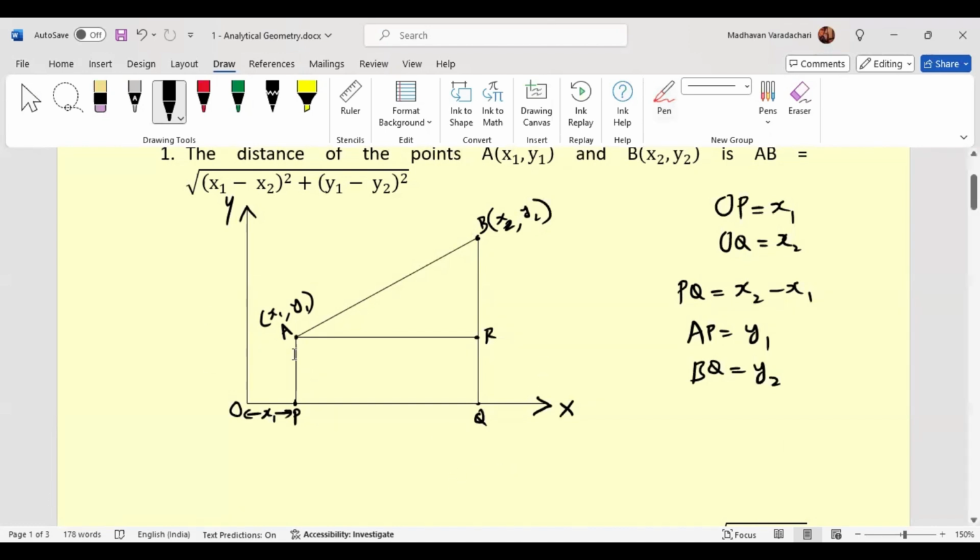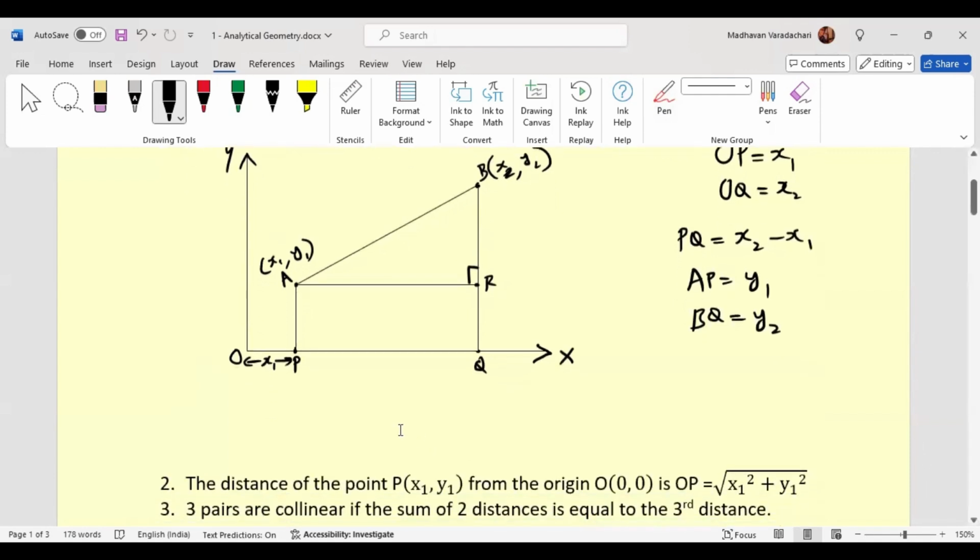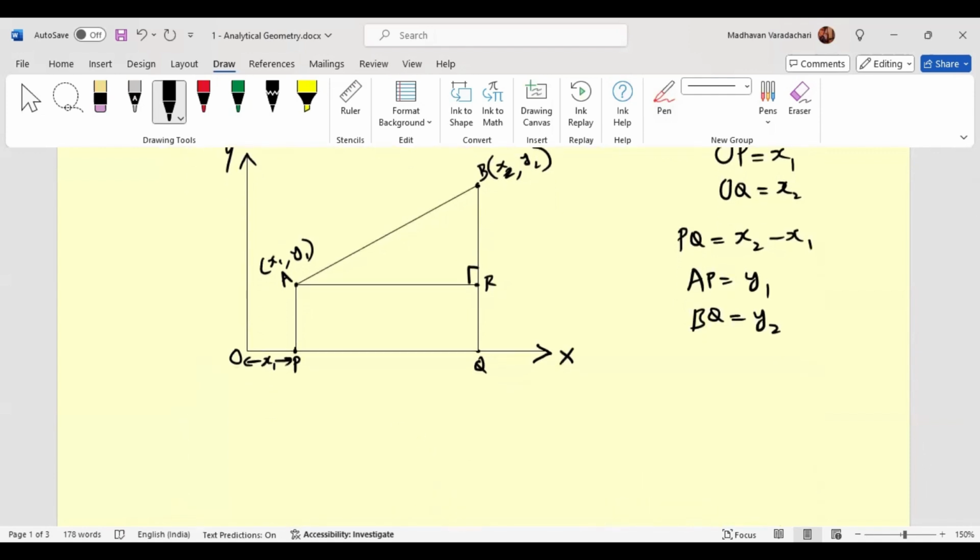We are interested in finding the distance between (x1, y1) and (x2, y2), which means we are interested in finding the distance AB. You may notice this is a right-angled triangle. So we can use the Pythagoras theorem to write AB square is equal to BR square plus AR square.